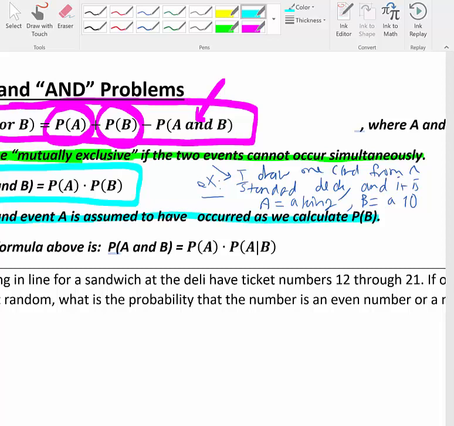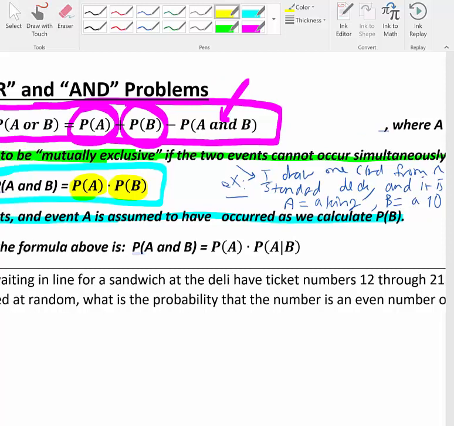That's the thing the little formula doesn't tell you. You calculate the probability of A first, and you don't worry about B yet. But once you move on to calculate the probability of B, you have to calculate it as if event A has already happened. That's a confusing thing.